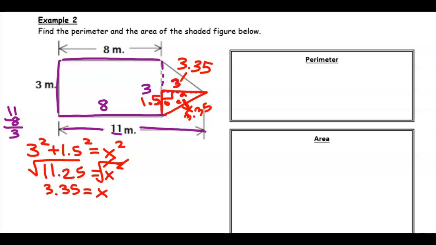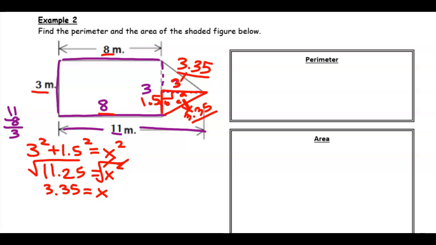Now I can find the perimeter. I know all 5 sides. The top is 8, 3.35, 3.35, 8, 3. I want everyone to see this. The perimeter is not going to include 11. 11 is not a side length. It's a height. This other 3 and this other 3, those are on the inside.